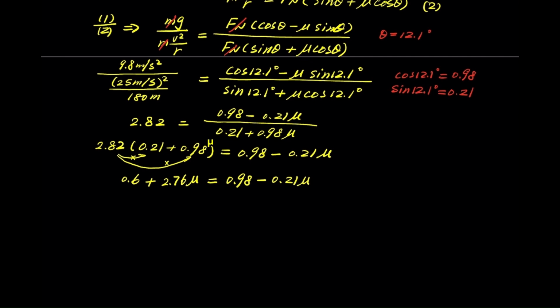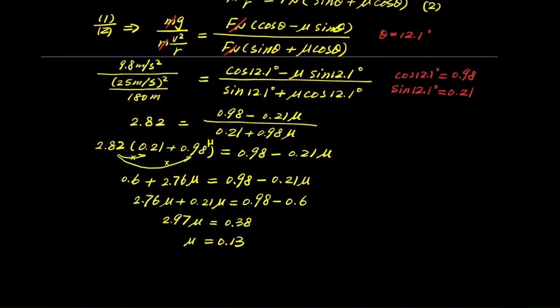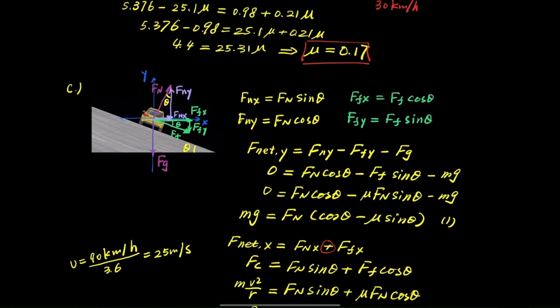And combining all the terms with mu, we get 2.76 mu plus 0.21 mu equals 0.98 minus 0.6. Then on the left side, we have 2.97 mu equals 0.38. So mu equals 0.13. All right. After all those calculations, we find that for the car driving too fast at 90 kilometers per hour, the required coefficient of friction to prevent it from flying off the road must be approximately 0.13.